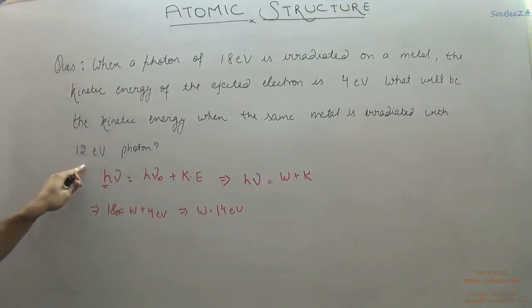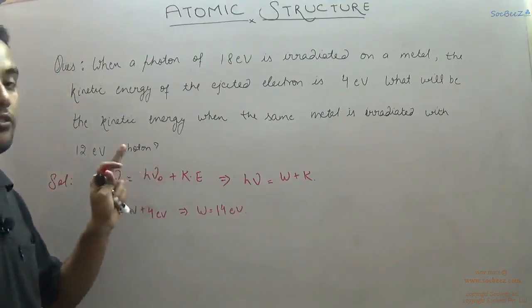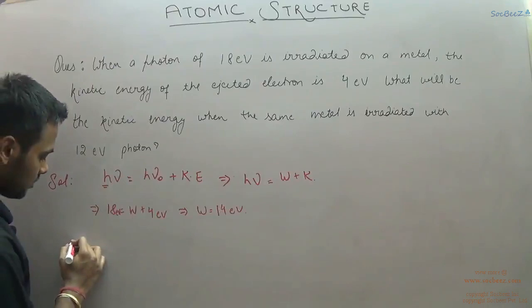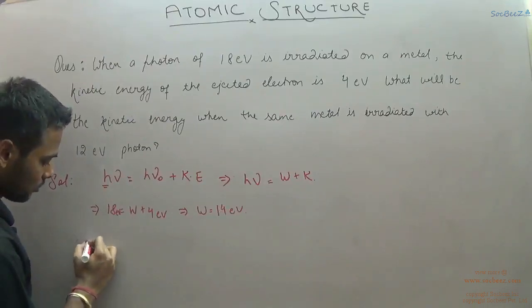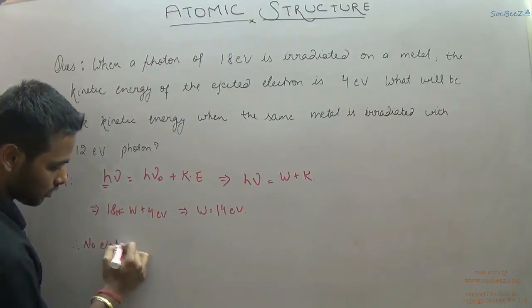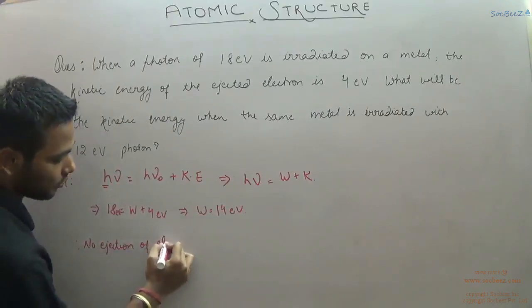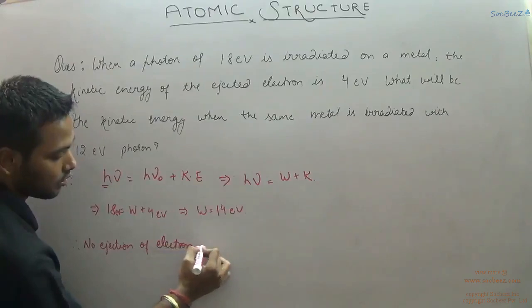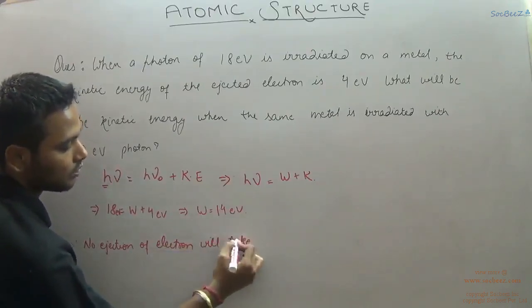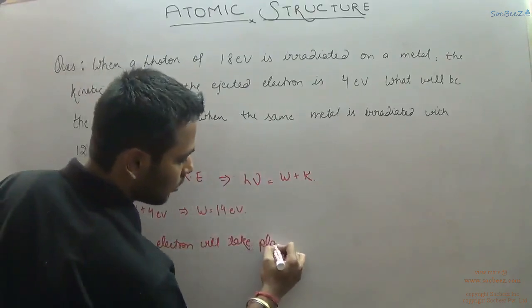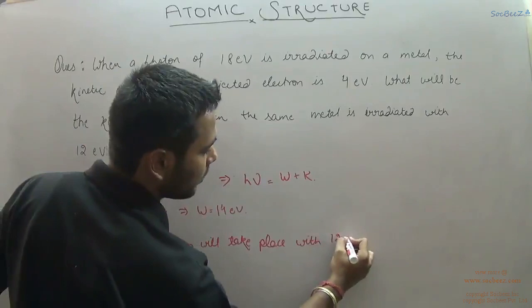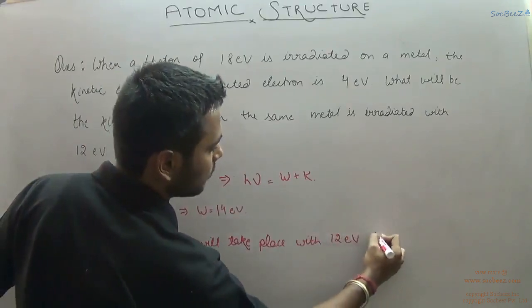Therefore, no ejection of electron will take place with a 12 electron volt photon.